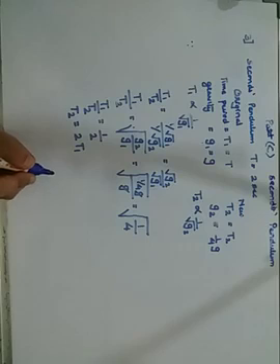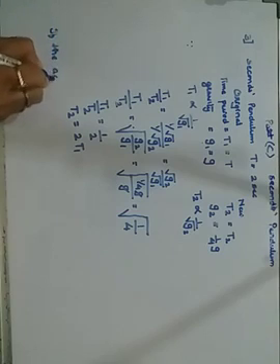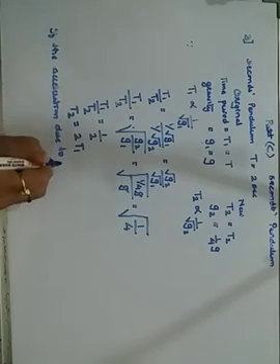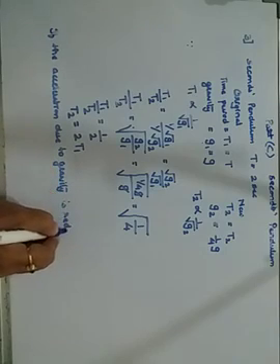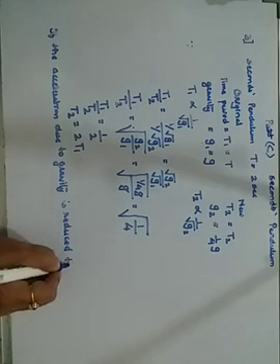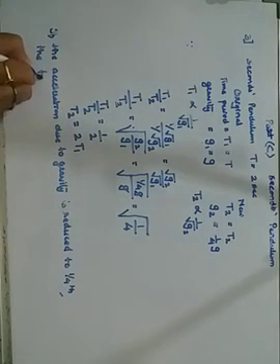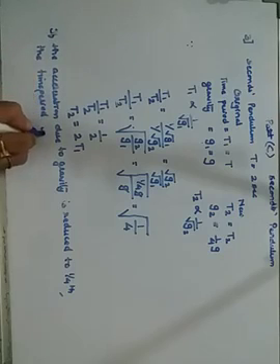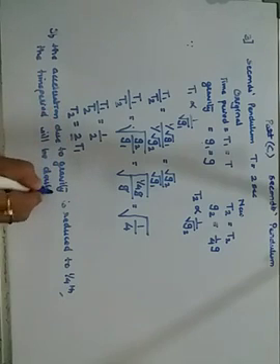So what has happened is, if the acceleration due to gravity is reduced to 1/4, the time period has become 2 times, so it is doubled.